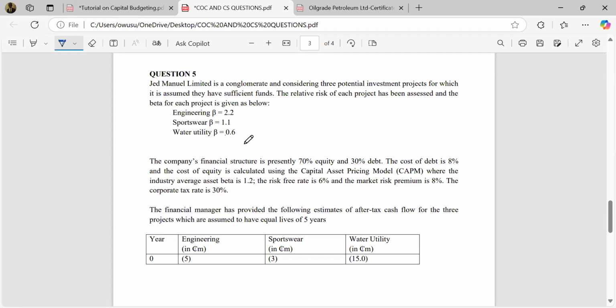So the beta you see here, though the question calls it the asset beta, is a geared beta because the financial structure is presently 70% equity and 30% debt. So in this case, you do not gear up. You use the betas as you are given because the firm is already a geared company. So each beta is a geared beta.